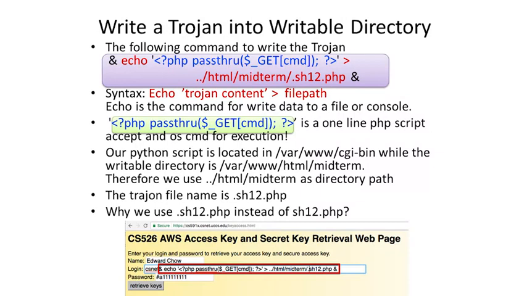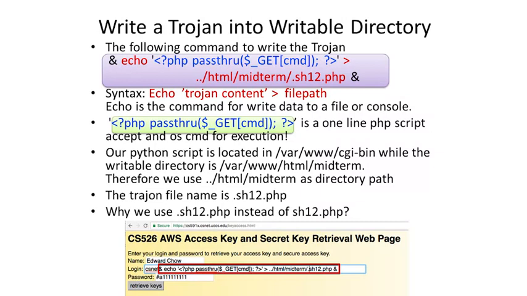We save the Trojan file with the file name .sh12.php. So that one line of PHP code will be saved in that midterm subdirectory.